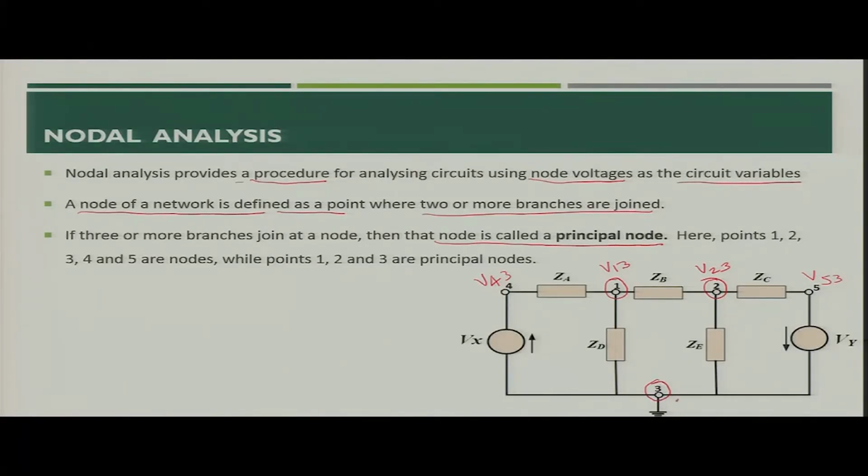Node 3 will always be at 0 potential because we consider it as a reference. With respect to this node all would be considered. Node 4 and node 5 are the simple nodes, while node 1 and node 2 are principal nodes. In circuit analysis using nodal analysis, we are more concerned about the voltages at the principal nodes.